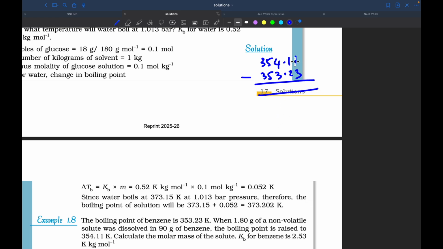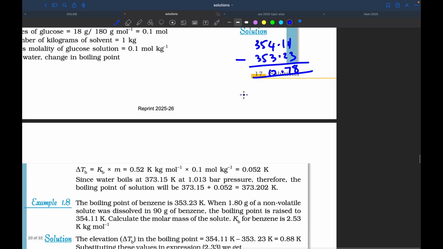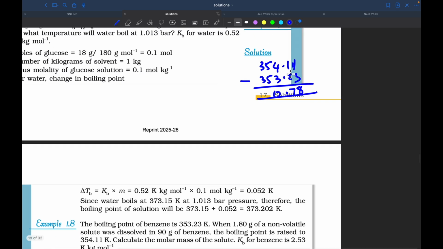So this is going to be 11 minus 3 is 8. So this is 9 minus 2 is 7. That's it, right, 0.78 came. Oh, 9 minus 2, 10 minus 2 is 8, so 88.